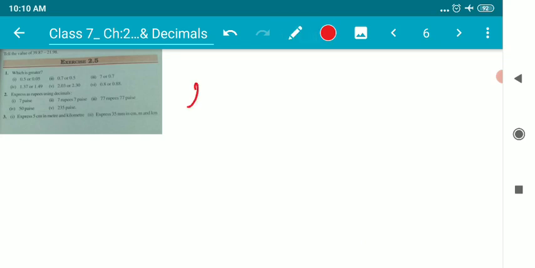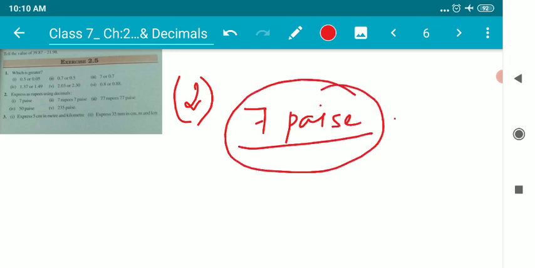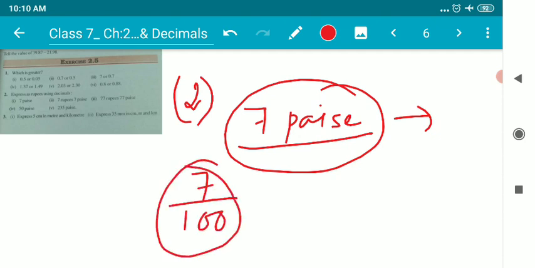I can go for question number two. Here are some quantities which are to be expressed in decimals. Here is 7 paise, to be expressed in rupees. 7 paise converted into rupees means 7 by 100. So what does 7 by 100 mean? It means 0.07. Now, from where am I getting this without dividing?